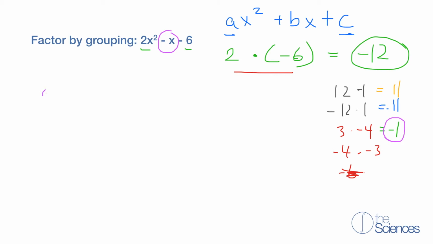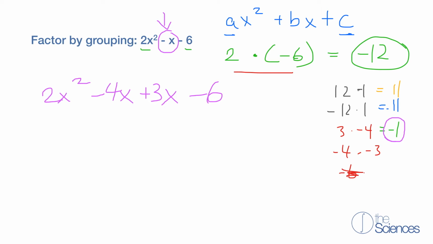So what we're going to do is write 2x squared minus 4x plus 3x, since negative 4x plus 3x equals negative x, minus 6. Now we're going to group our terms.